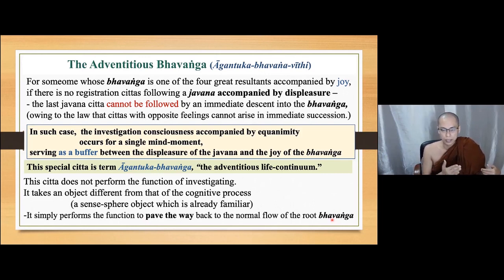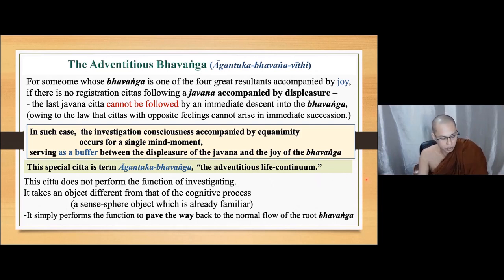But in this case, the cognitive process comes to an end, yet the bhavanga cannot come immediately. So according to the nature of consciousness, the investigating consciousness accompanied by equanimity arises as a buffer to pave the way back to the normal bhavanga. After that, the normal bhavanga arises again, which is called the root bhavanga. At the moment of the root bhavanga, it has the same object as the rebirth-linking, patisandhi, and the death, chuti.